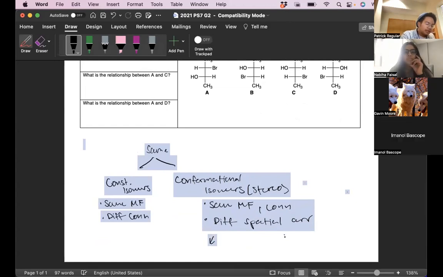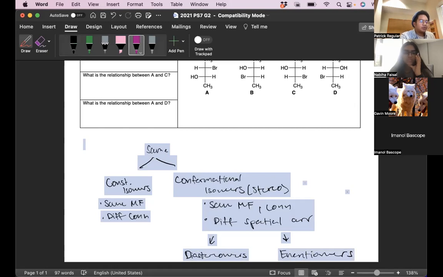And this expands further into diastereomers and enantiomers. And that's what he'll be asking on the test. When he gives you the test, you're going to have, all right, what's the relationship between these? And you have choices that are the same. He said that he wouldn't give you different molecules, so that wouldn't be a choice.